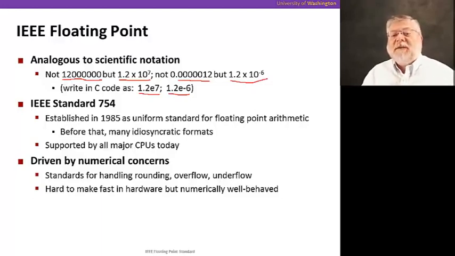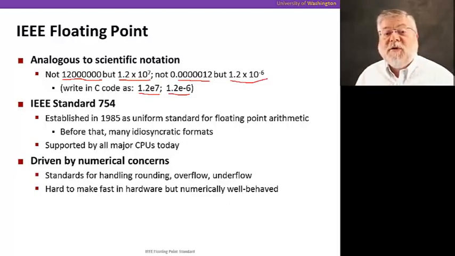This goes back to IEEE Standard 754, which was established in 1985 as a uniform standard for floating point arithmetic. Before that, there were all kinds of different formats that were very difficult to combine. But today's CPUs all use this same standard.